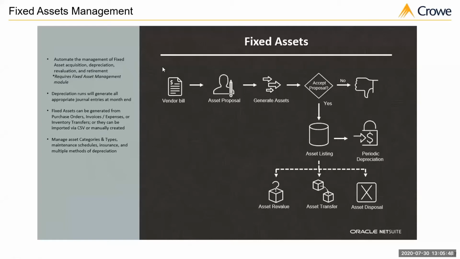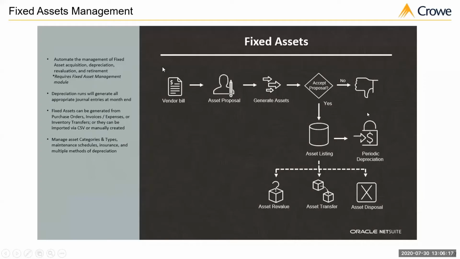But the process is that you start with a vendor bill as the accounting impact transaction that has a fixed asset. Then you can go through a process of asset proposal where NetSuite will tell you those transactions that have been impacting the fixed assets account, and that will generate the actual asset listing once you accept the proposal.